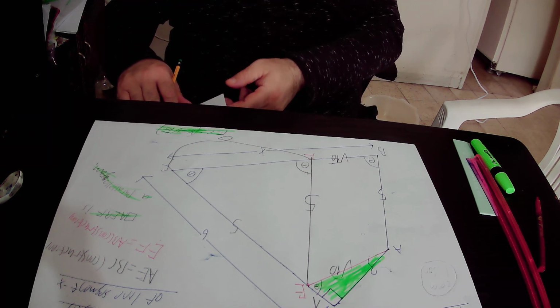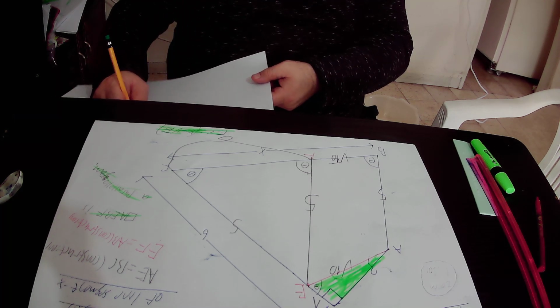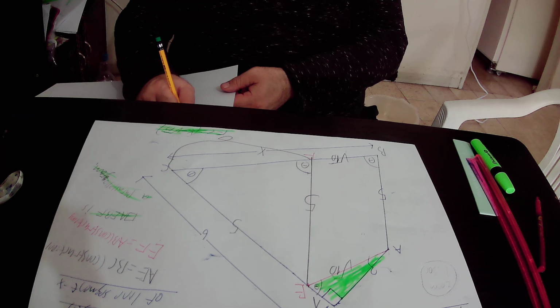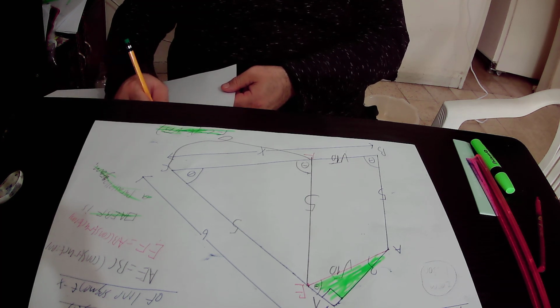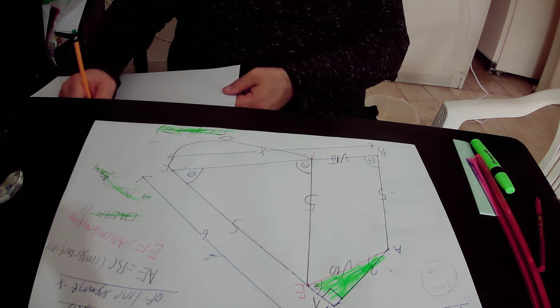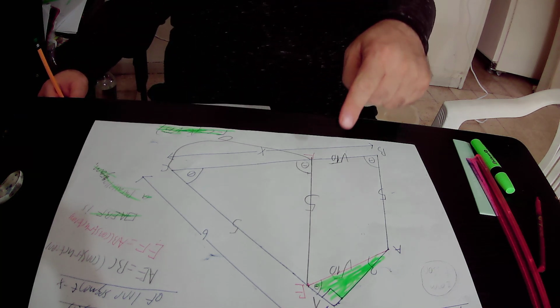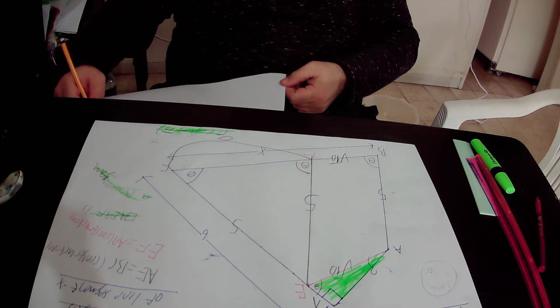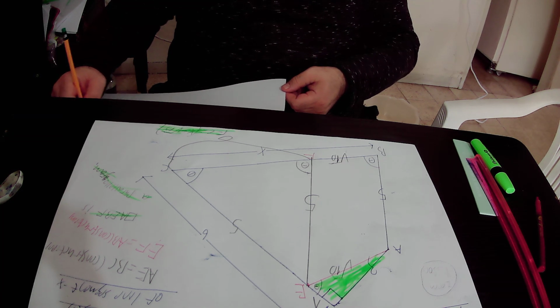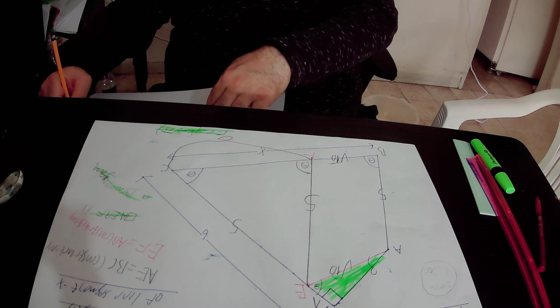Triangle EFC is an isosceles triangle because side EF of this triangle is equal to side EC, and both sides are equal to 5 units.